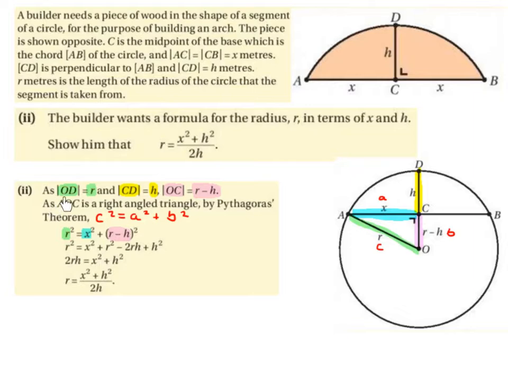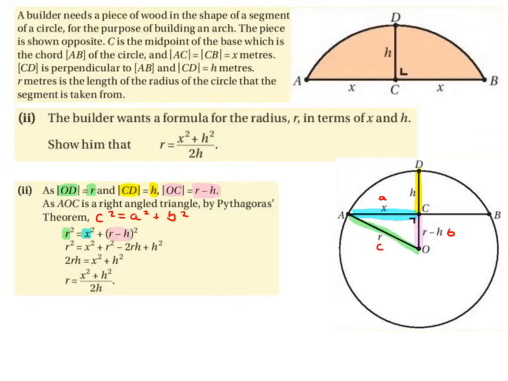As AOC is a right angle triangle, by Pythagoras' theorem, c squared equals a squared plus b squared. We label our right angle triangle, making sure that c is the longest side, the hypotenuse. So we swap the c for r squared, the a for x squared, and the b for r minus h squared.